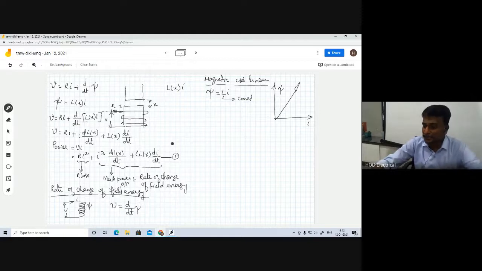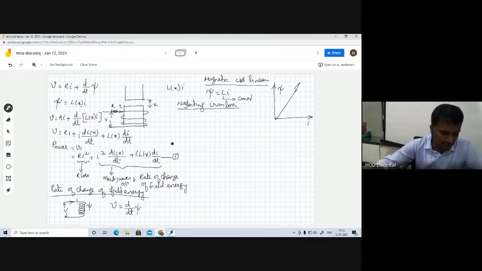The second assumption is that we are neglecting iron losses, hysteresis loss and eddy current losses, in this circuit. So these are the two assumptions.